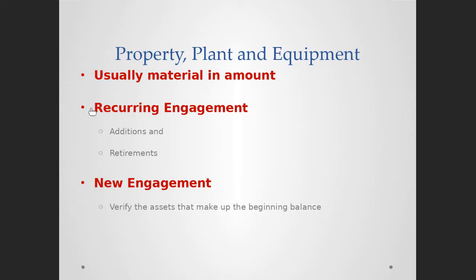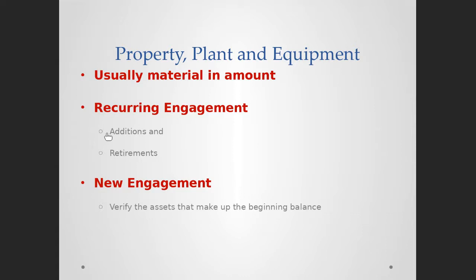The first type is recurring engagement, meaning you audited this client last year, so you're doing it again this year, right? In this case, you have audited everything until the end of last year. So let's say you audited the client's financial statements for 2019. That means all the balances and items in the 2019 balance sheet are fine.